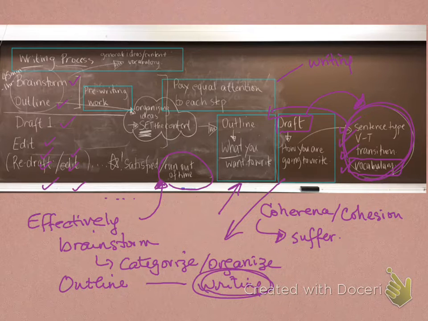And I guarantee that when you do this and you do this effectively and you take the time, what you write is going to be so much better than if you skip these two steps. And students at this level are always concerned with their accuracy in writing. Are the sentences okay?